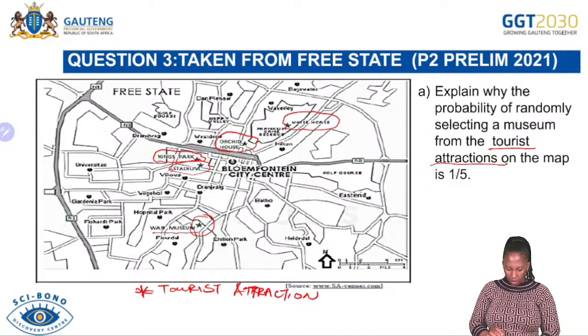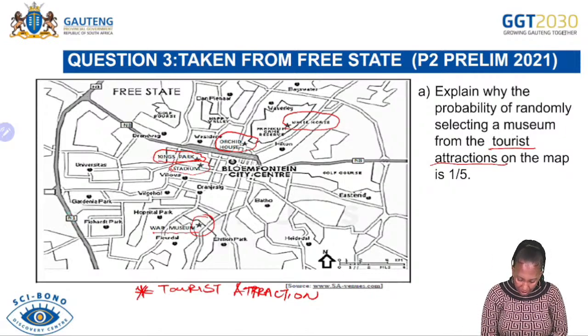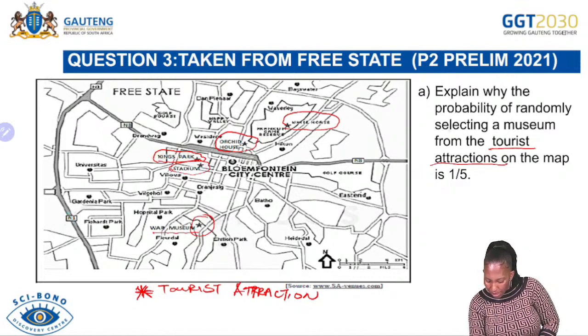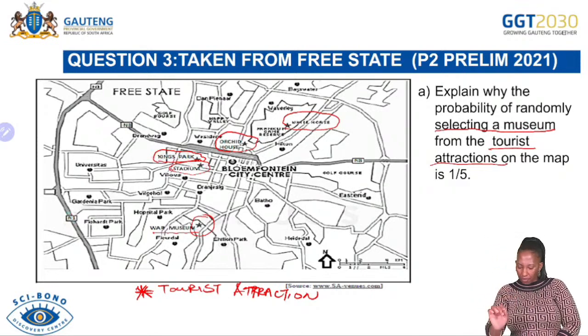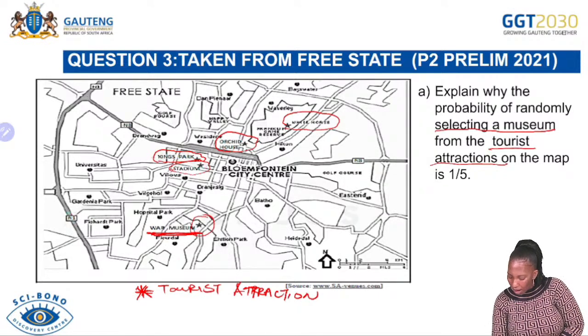You just look at that, you say, oh, okay, because this star stands for the tourist attraction, but now the question says museum, selecting a museum from the tourist attraction on the map. Why is it 1/5? So as you can see, I've circled all the tourist attractions, but there is only one that is a war museum. So that is why our answer is 1/5.